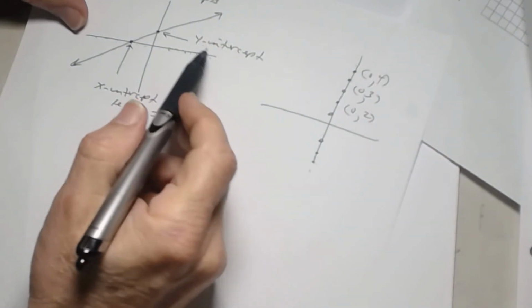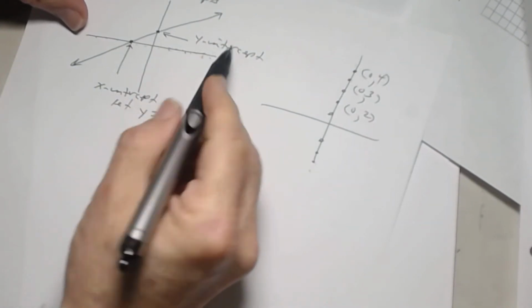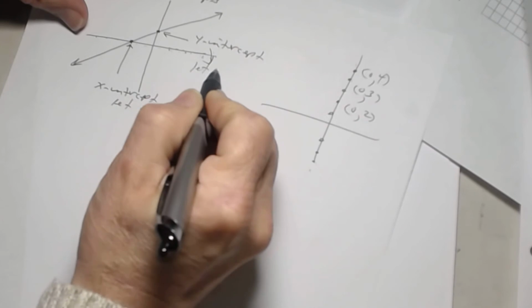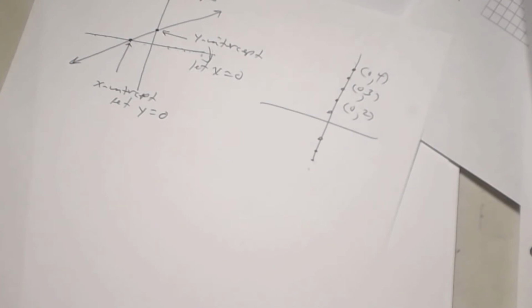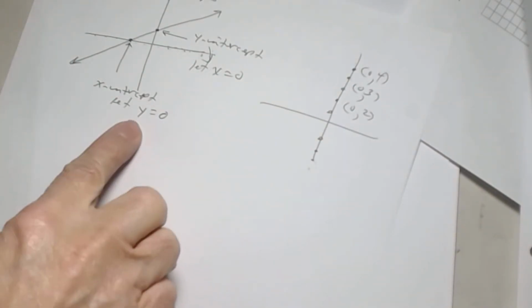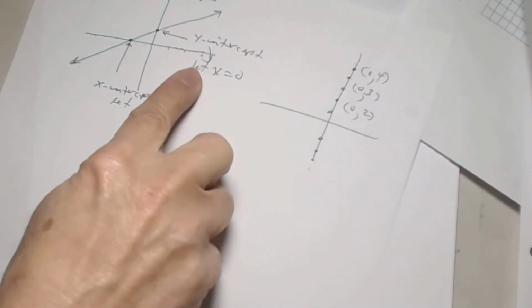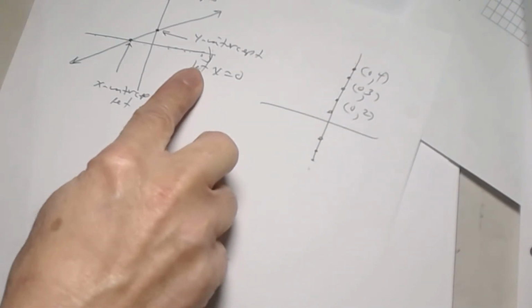So what you learned last semester was that if you want to find the y-intercept, you let x equal 0. That's what you did. Okay? So when we do the problems, it's very easy. You're just going to say to find the x-intercept, let y equal 0. To find the y-intercept, let x equal 0. Okay? So let's look at just one problem, and then we're going to finish this next class period.